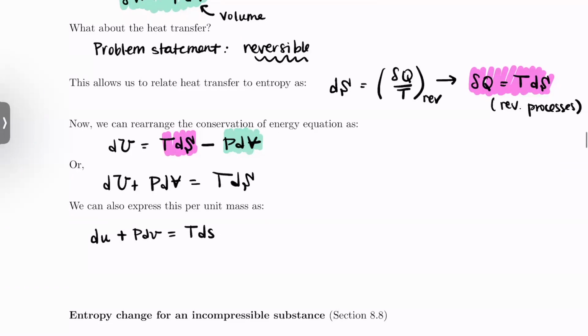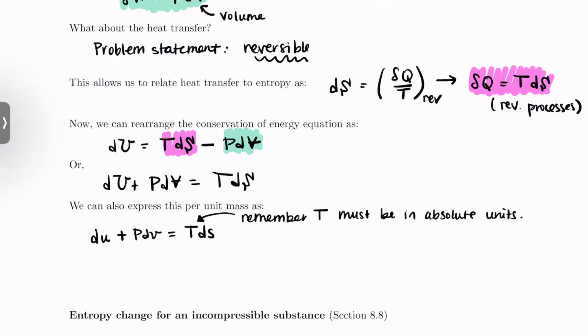And I should have mentioned this sooner, but remember that temperature must be in absolute units. I keep saying this a million times. It's not actually something you have to strictly memorize.